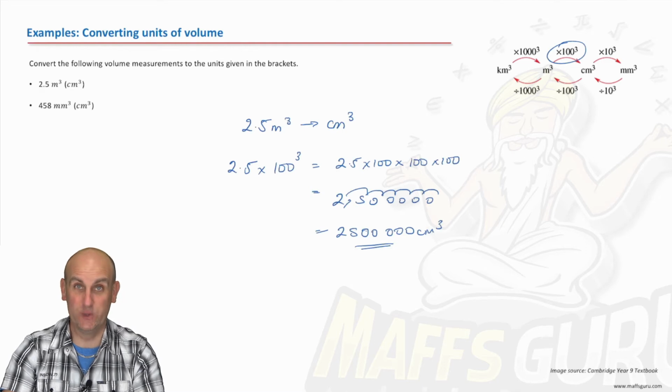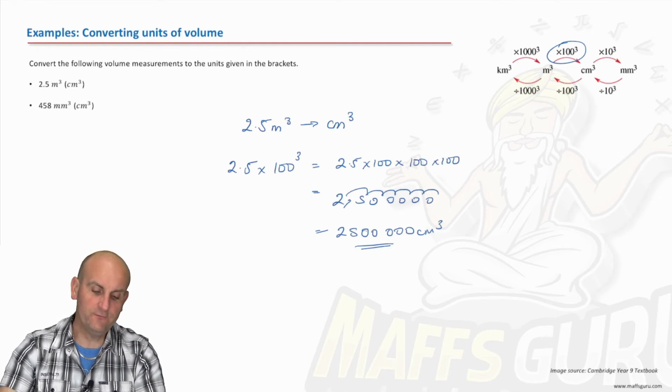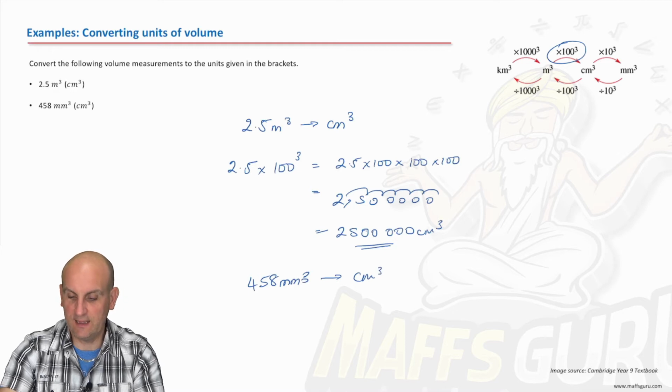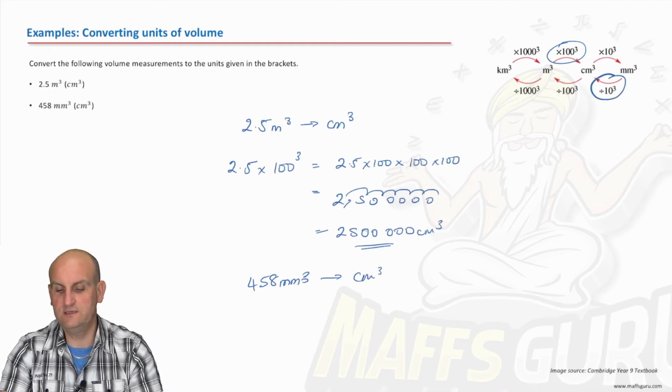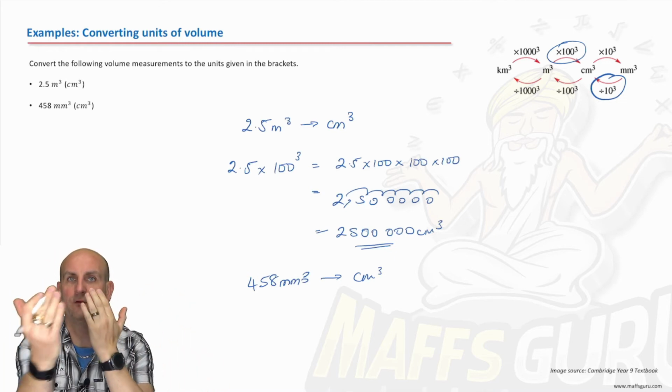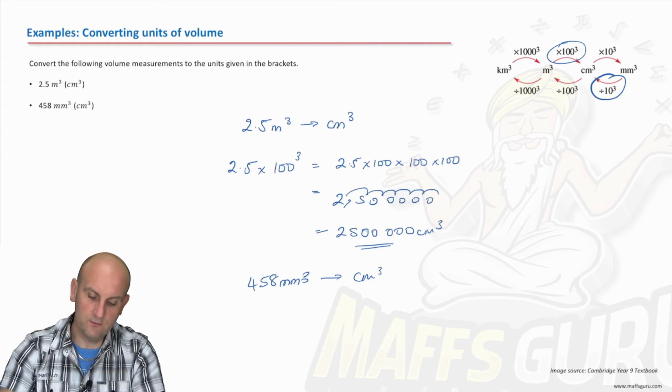Gosh, that's huge. Now 458 millimeters cubed into centimeters cubed. Again, now we're going backwards through it. So millimeters cubed into centimeters cubed. I'm now going to divide by 10 times 10 times 10, because I make it 10 times smaller and smaller and smaller. So 458 divided by 10 to the power of 3.